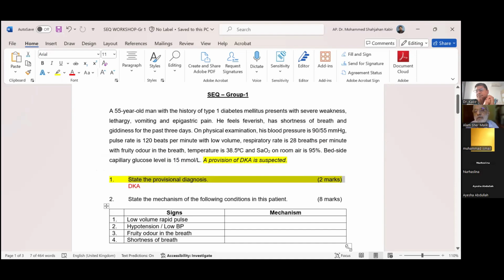Yeah, you may not ask the first question, or you can ask, okay, suspected is DKA. So what steps or investigations would you do to confirm the diagnosis, or what signs would you look for to confirm that? Because you have to have a focus in asking the questions. Understood.